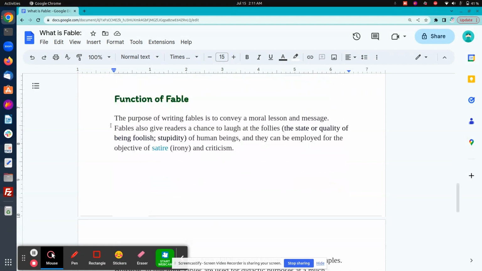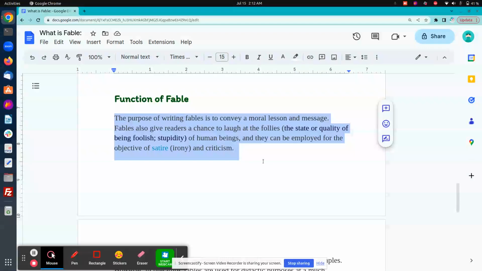Function of a fable. The purpose of writing fables is to convey a moral lesson and message. Fables also give readers a chance to laugh at follies. Folly is the state or quality of being foolish or stupid. So follies of human beings can be employed for the objective of satire, irony, and criticism.